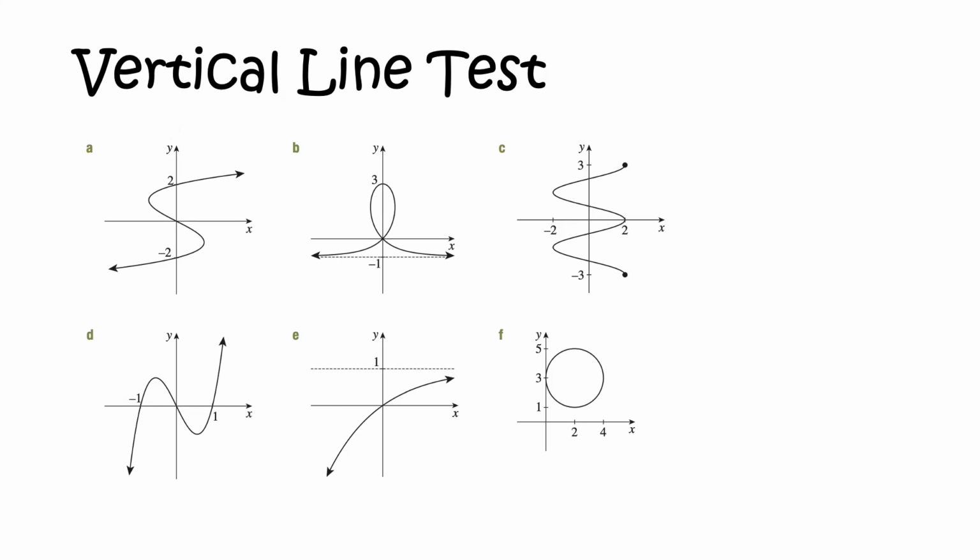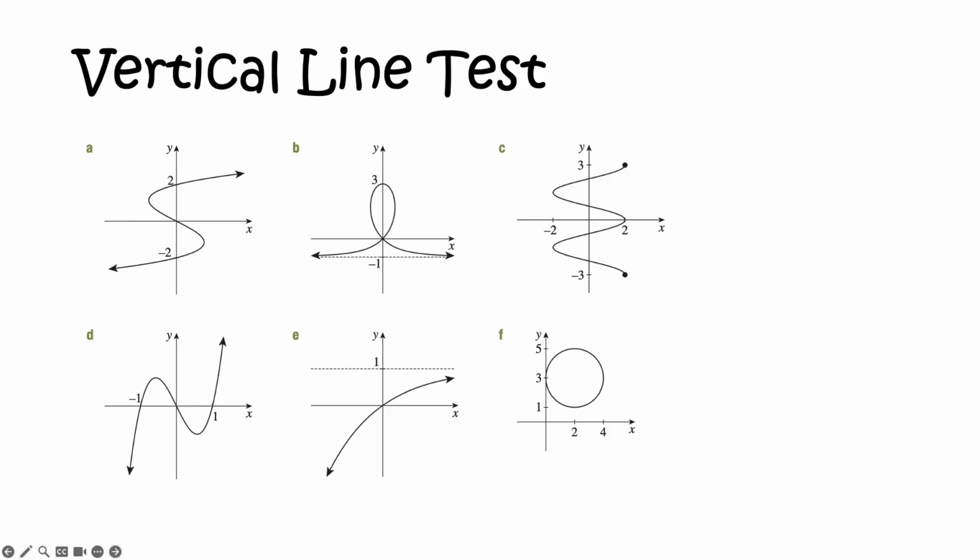So what do I mean by that? Let's have a look at this question here. What the vertical line test means is that I'm going to draw vertical lines. If at any point in this graph I draw a vertical line, over here, or over here, or over here, anywhere, it cannot intersect the graph at more than one spot.